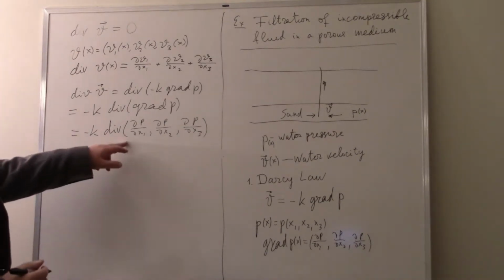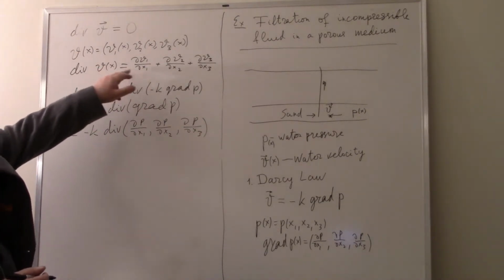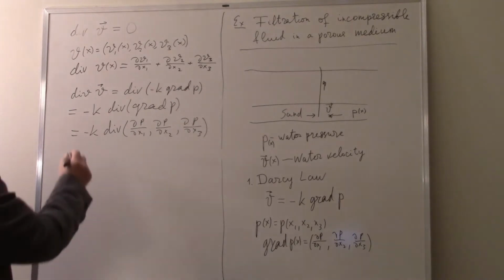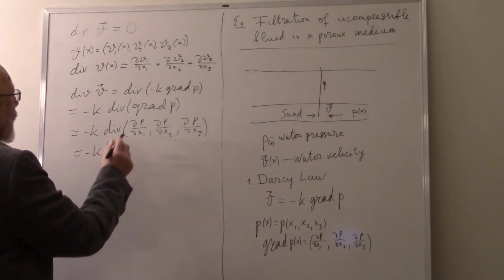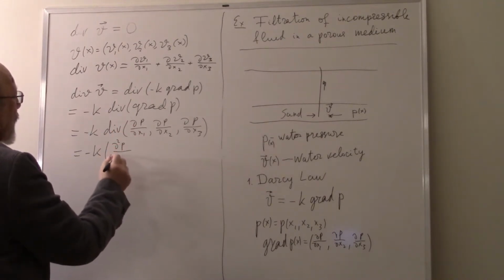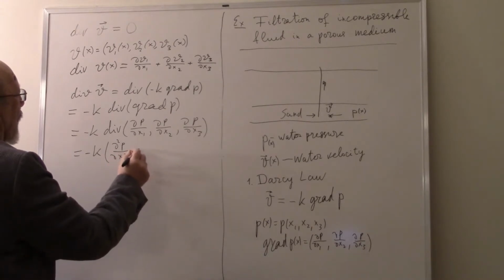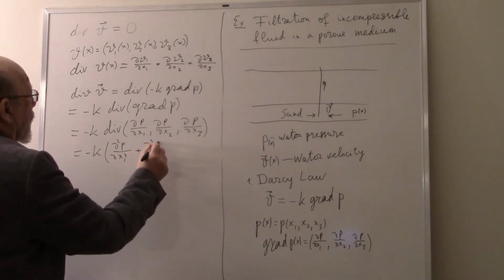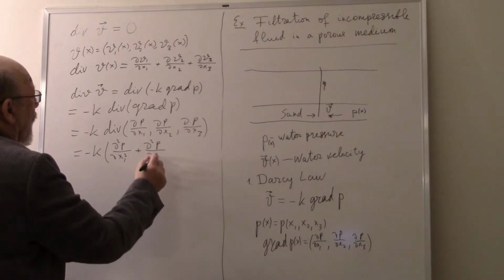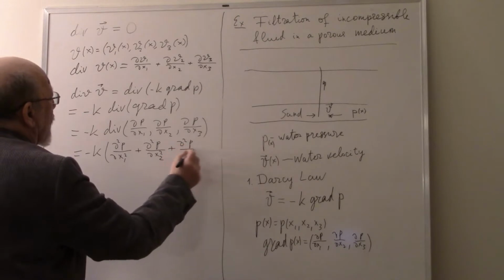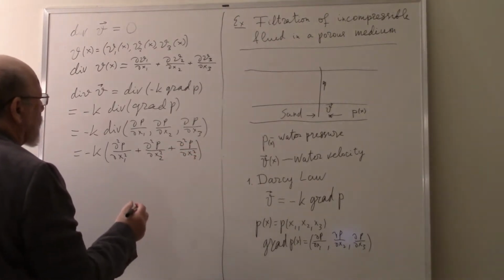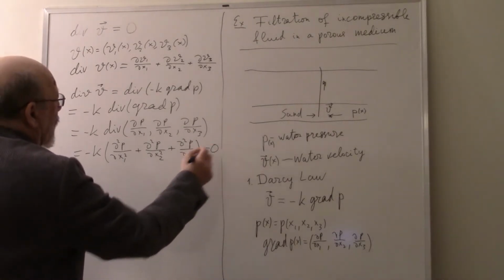Now we substitute it in this formula of divergence, and we get minus k times d2p/dx1 squared plus d2p/dx2 squared plus d2p/dx3 squared. And this should be 0.